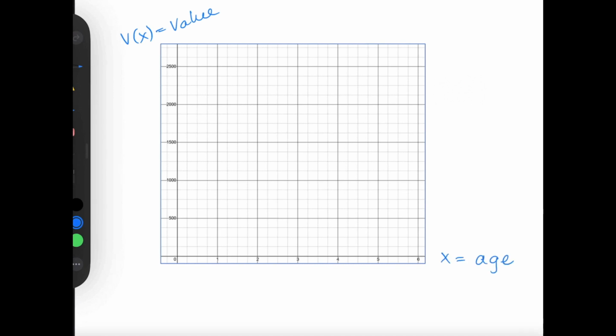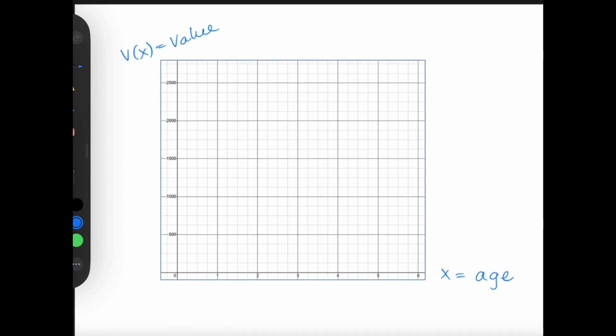And once we've identified that the x is the age and the y is the value, we can also think about an ordered pair that occurs on this graph as one where the first coordinate is representing the age of the machine, and the second coordinate is going to represent the value of the machine.